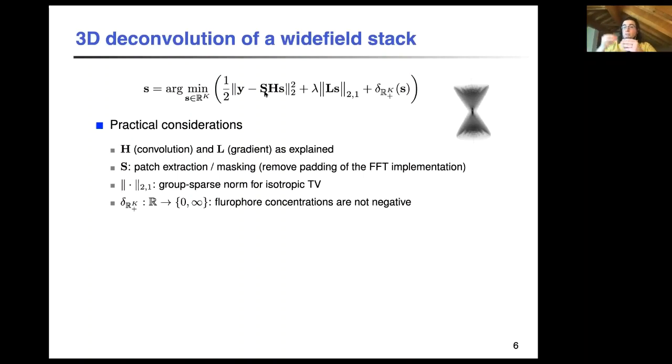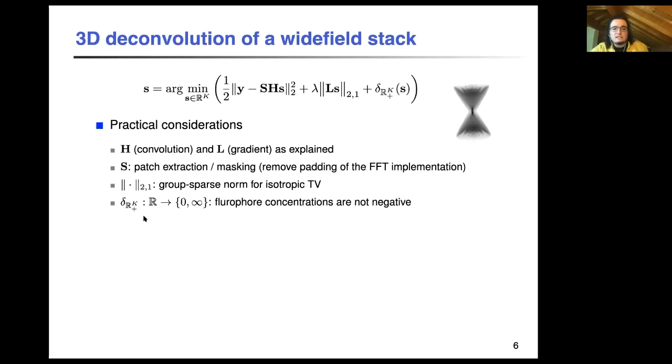So to consider the value of each gradient vector in a voxel as a group, and you want to sparsify that set of groups of gradients, right? Yeah, so L is the gradient as explained. And of course, this complicates the issue a bit. It's not exactly the same formulation we've seen before, as the sum in the number of samples of priors. So it changes a bit.